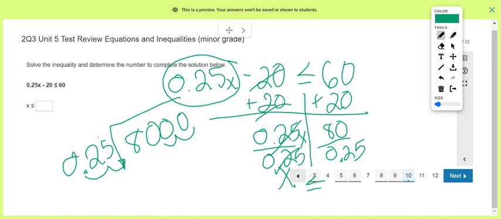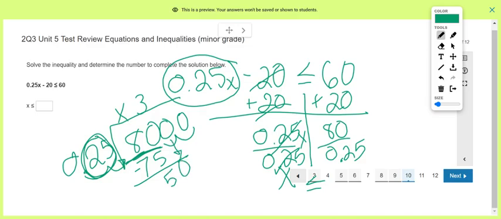Now we just divide by 25. So 25 goes into 8 no times. 25 goes into 80 3 times. 3 times 25 is 75.